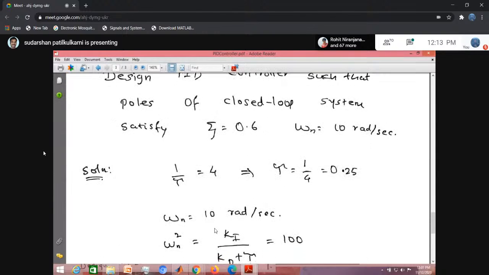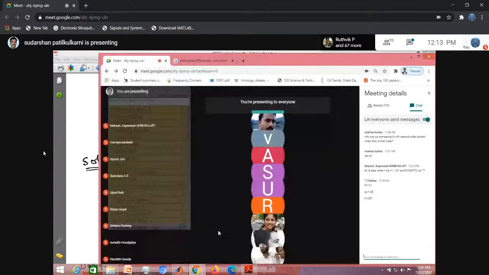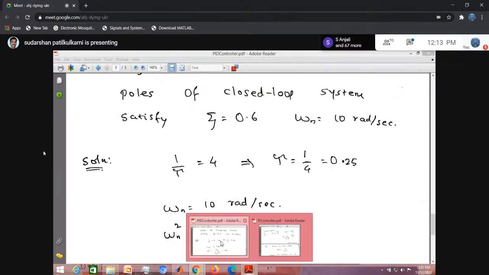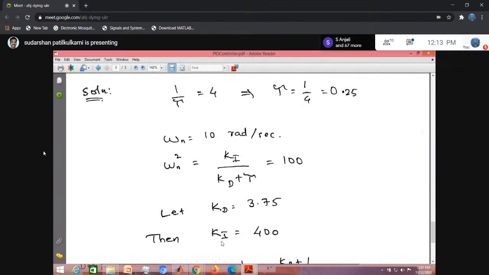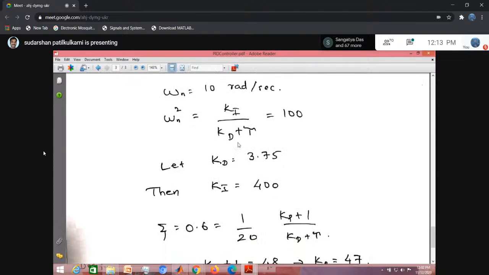My solution is, has anybody else given any solution? Okay. I have used Kd equal to 0.75 because tau is 0.25, so the division is easy for me. Then Ki has to be 400.